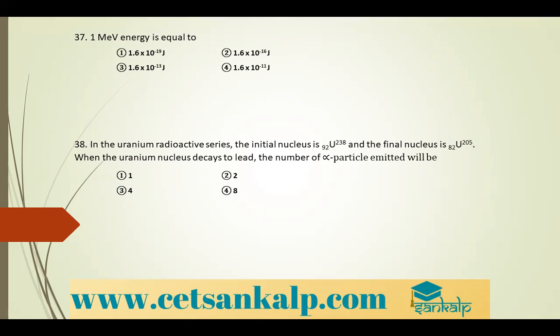So minus 19 plus 6, it is 1.6 into 10 to the power minus 13. So option C.